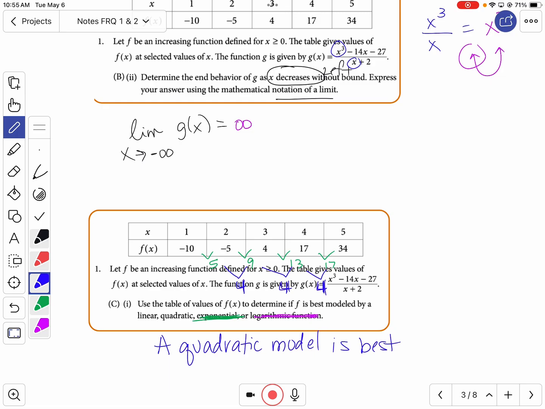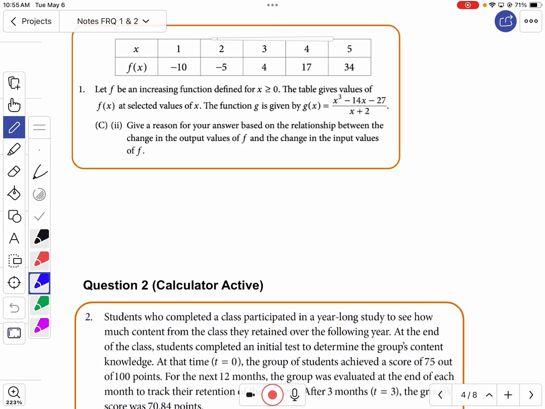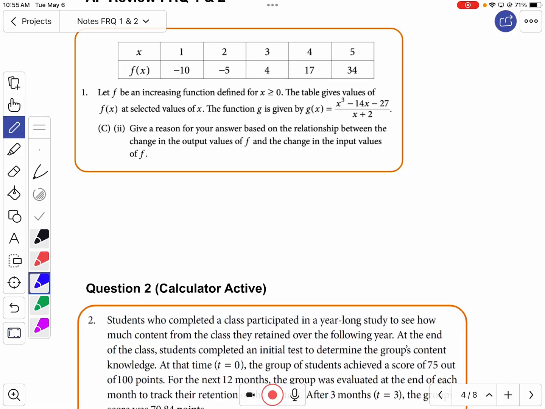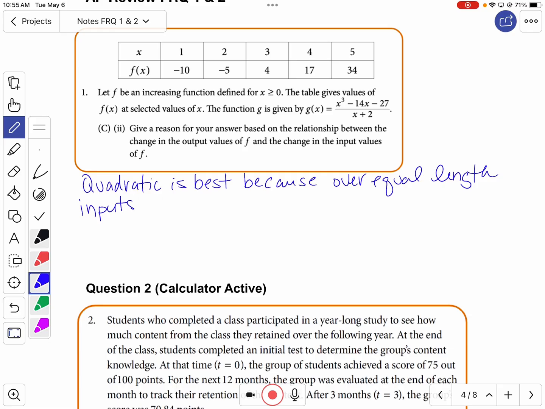The next part says, okay, you picked quadratic. Now tell me why. We would say this. Quadratic is best because, and this is important, over equal length inputs, meaning our x's are equally spaced, the second difference in the outputs is constant.